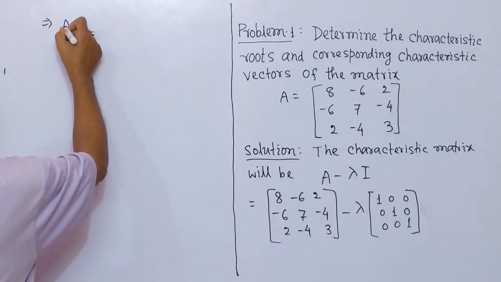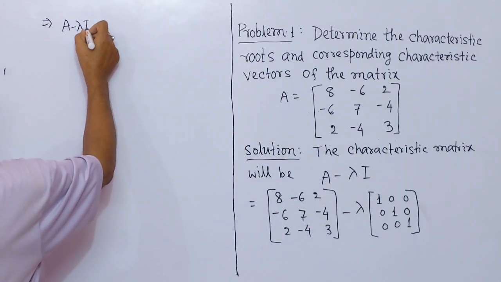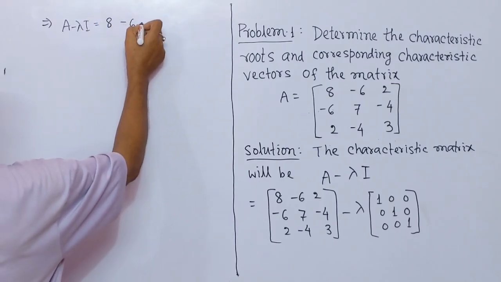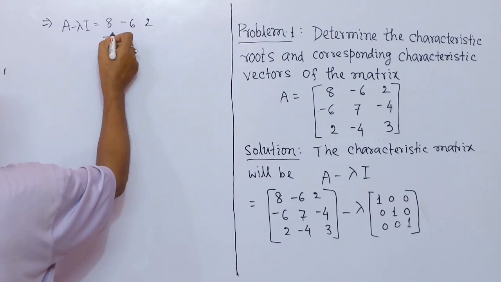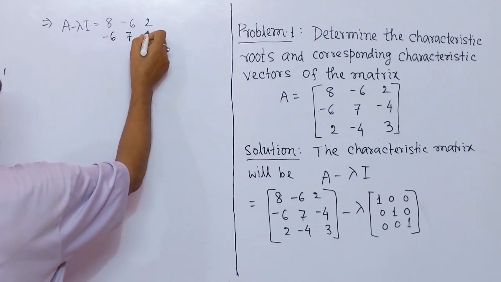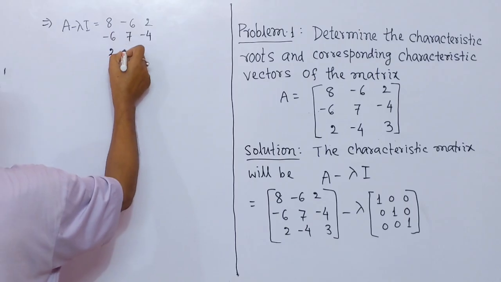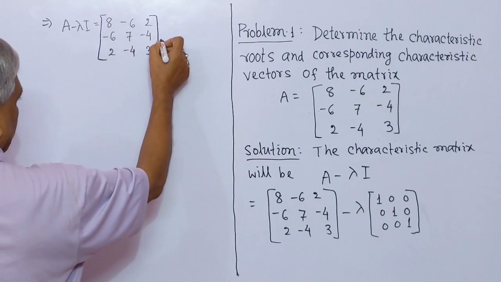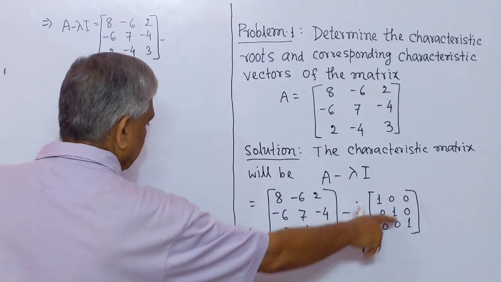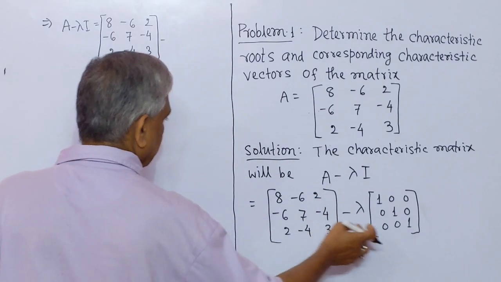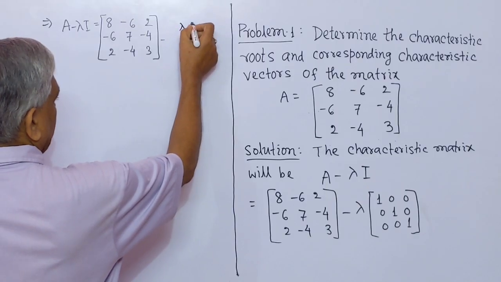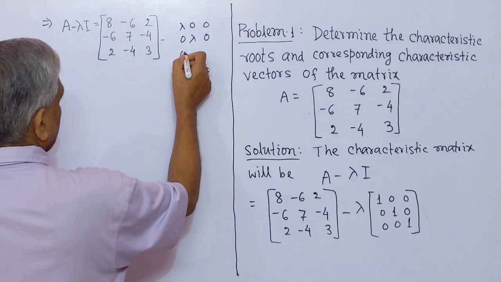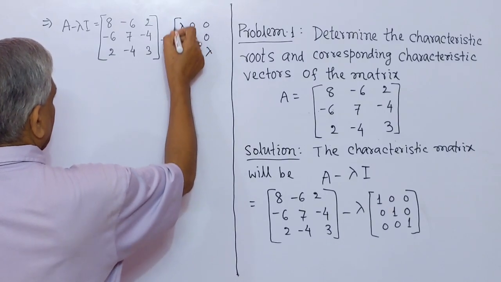This implies that A minus lambda I equals [8, -6, 2; -6, 7, -4; 2, -4, 3] minus, we multiply lambda with each element of the unit matrix. Here we get [lambda 0 0; 0 lambda 0; 0 0 lambda].